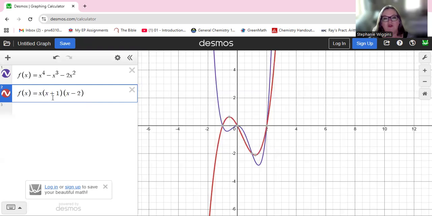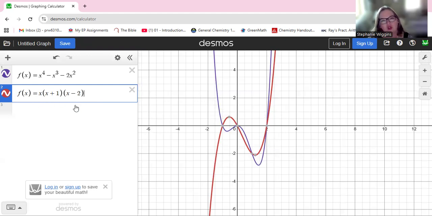So that means at all of these zeros, the graph is going to go through the x-axis. And if you look, that's exactly what happens. The red, you pass through the axis and then through it again and then through it again. And that's because the multiplicity is 1 for each of these factors.